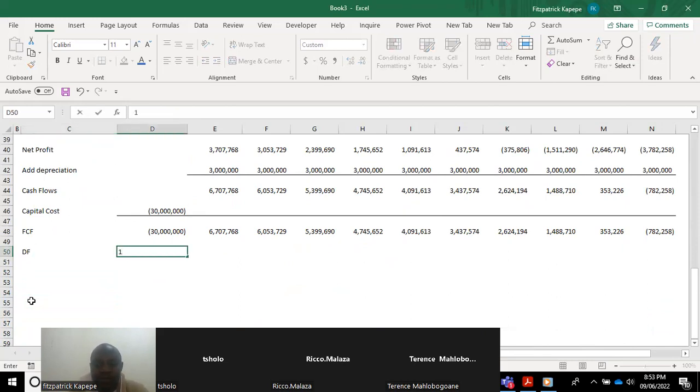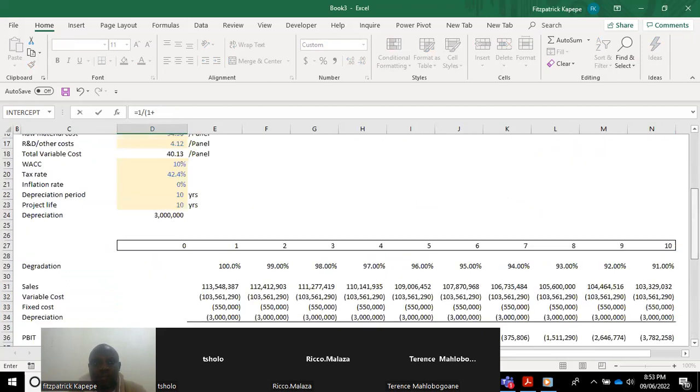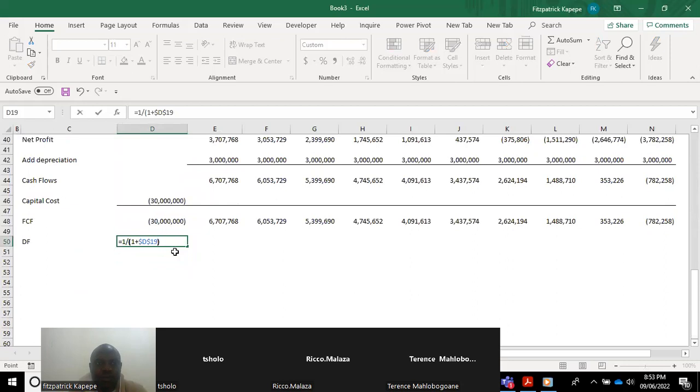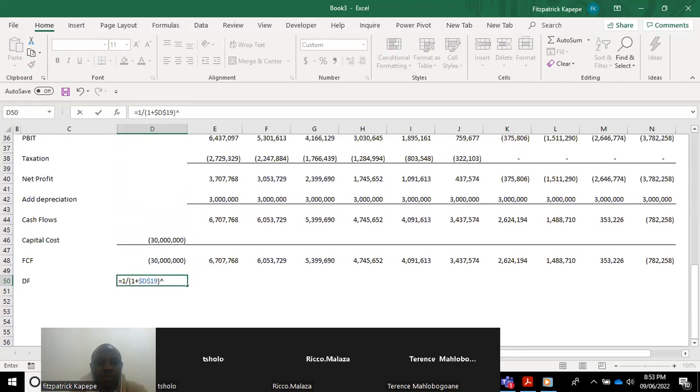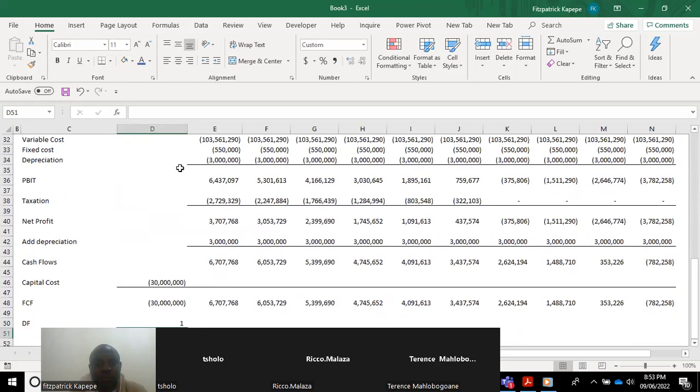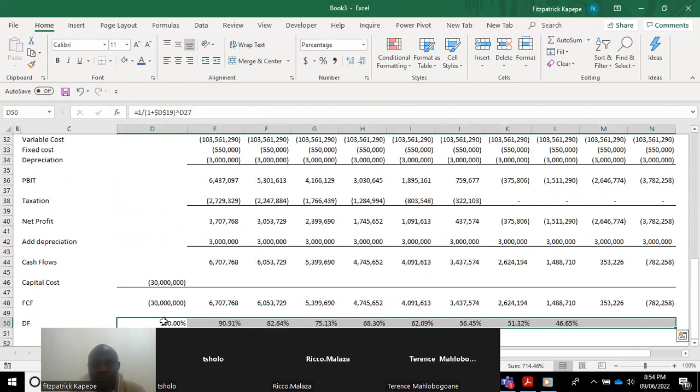You start with equals 1 plus the discount factor of 10%, to the power, I'll pick the period, which is 0 there. You like having them in percentages. And I'll take it up to there.